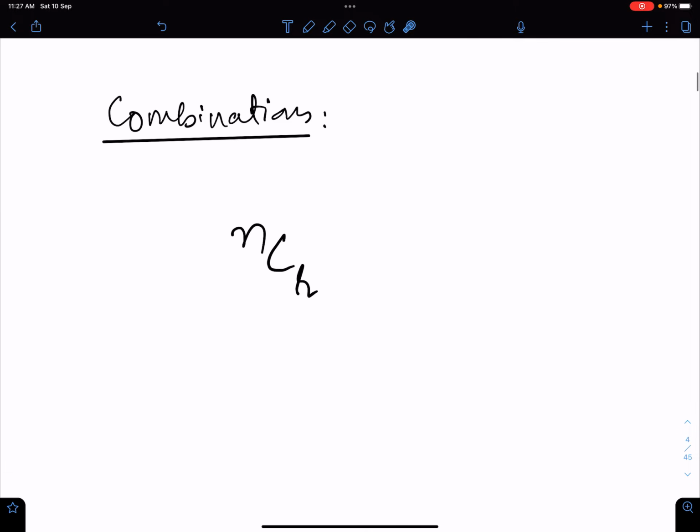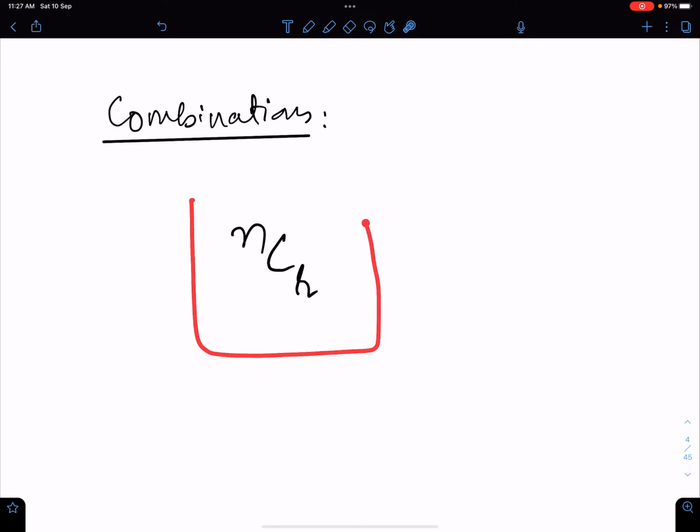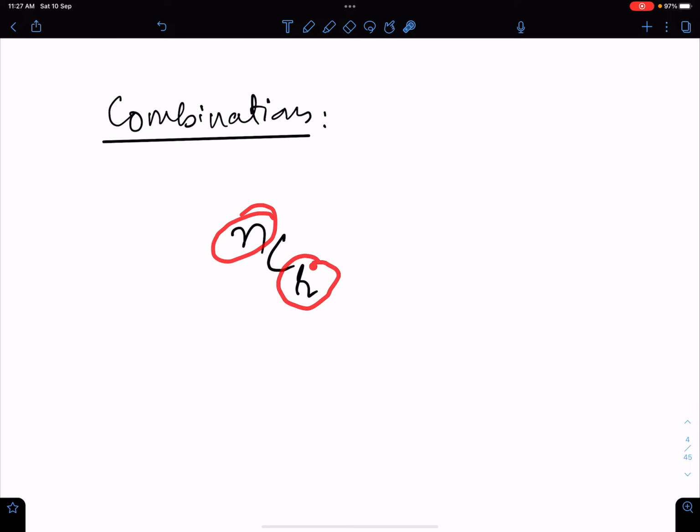The second mathematical operation is combinations. This is known as combinations, where both n and r are integers, positive integers. The value of n starts from 1, but in binomial expansions, usually n starts from 3. So we can say n could be any number from 3, any positive integer.